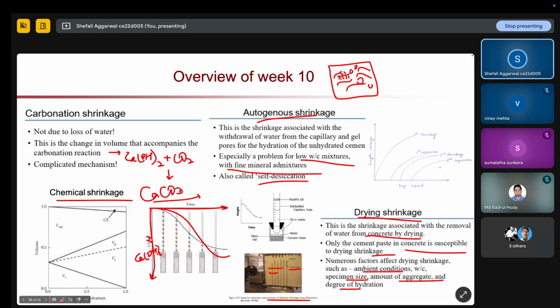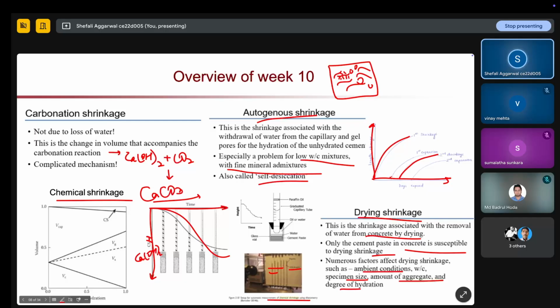If you see here, this is the basic graph we draw for drying shrinkage: days exposed versus change in length. When you are putting it under shrinkage, it looks like this. After the second shrinkage, the length change will reduce a lot.